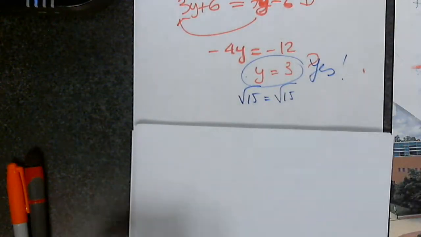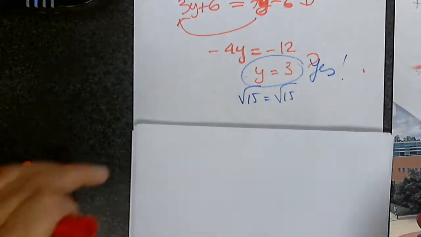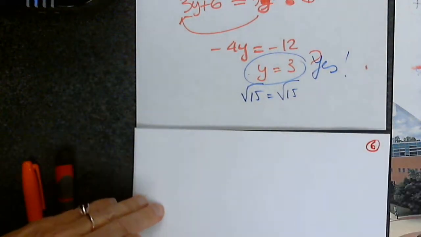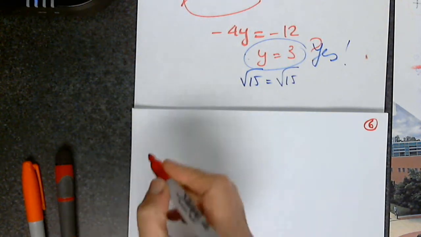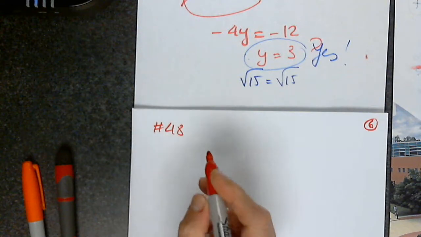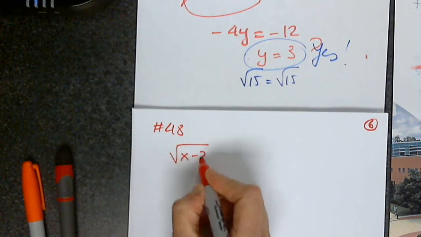So that's the last one. I would like you to watch one problem, and then we'll work on many more. So, for example, let's start with 48. This is not a trivial equation.